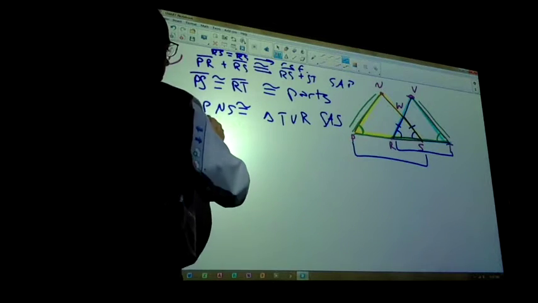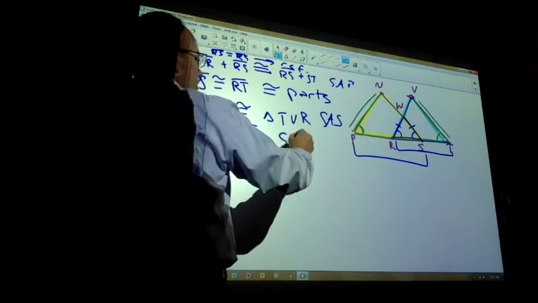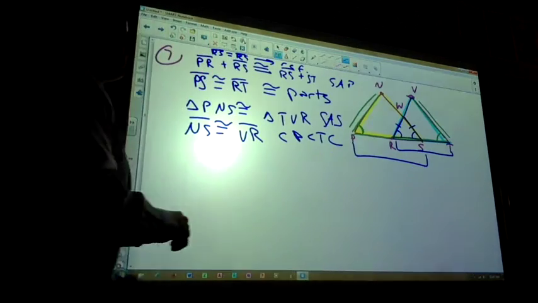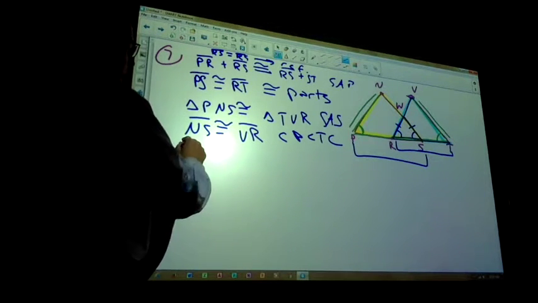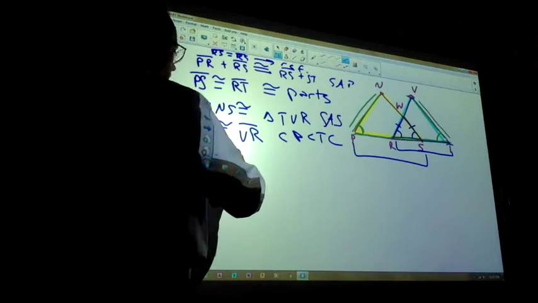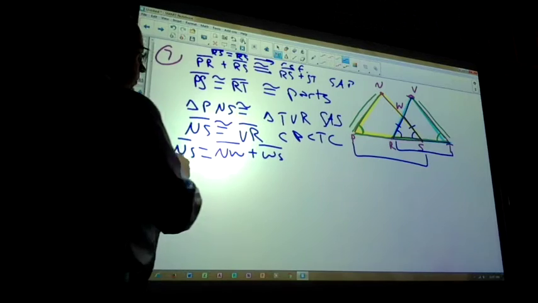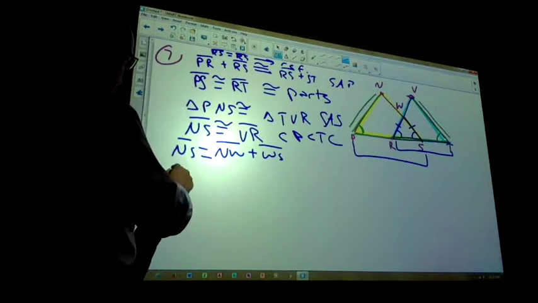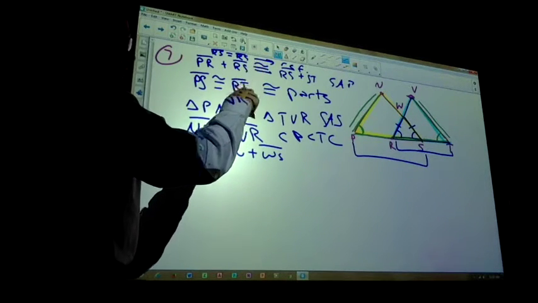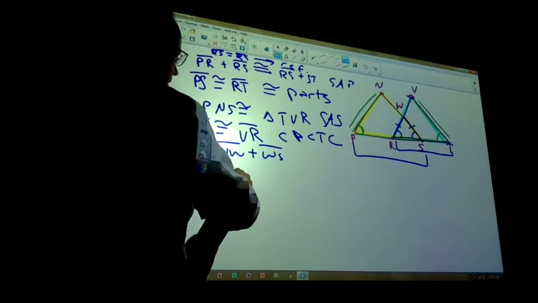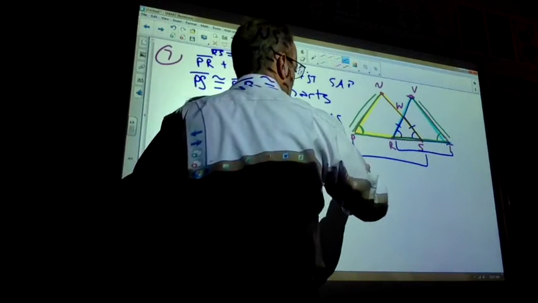Then I would say that NS is congruent to VR, CPCTC. And then I have to realize that NS is equal to NW plus WS. And I have to say that VR is congruent to VW plus WR. Segment addition postulate.